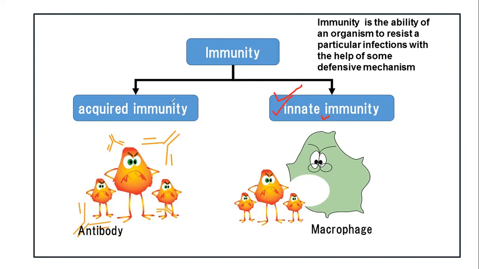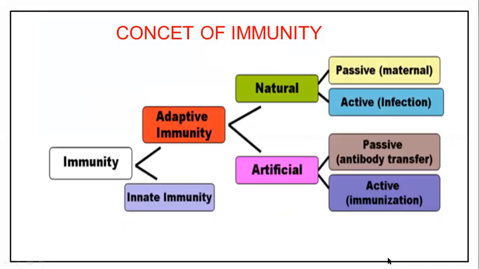The acquired immune system is developed after infection, and it is a more advanced and more specific type of immune system than the innate immune system, right? Next, immunity has adaptive immunity and innate immunity. Adaptive immunity may be natural or artificial.